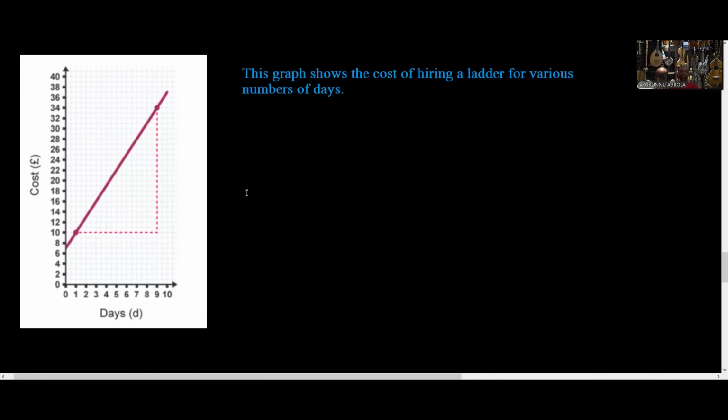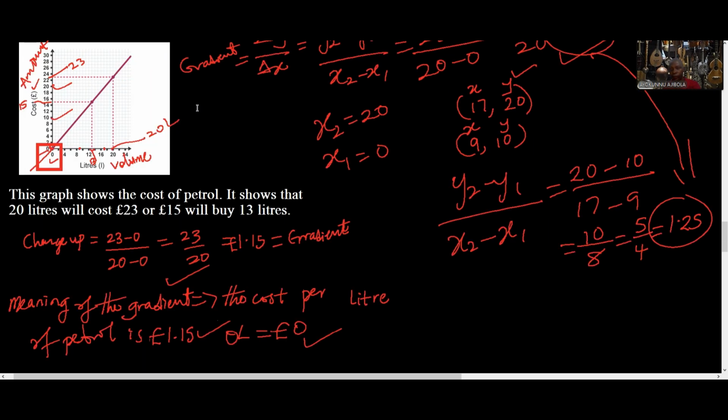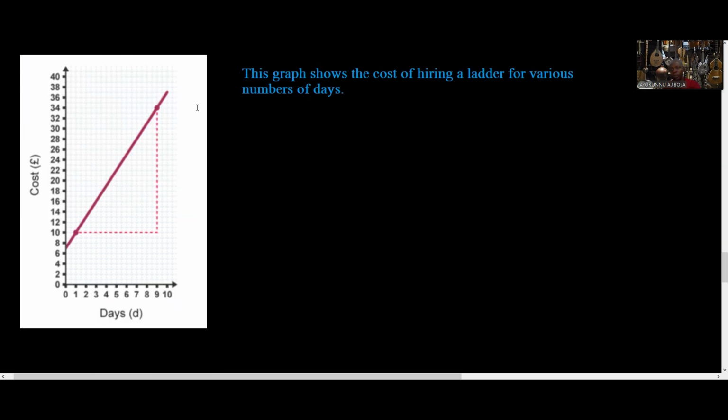So here's another graph, and this graph shows the cost of hiring a ladder for various numbers of days. Unlike the previous graph that passed through the origin, this one didn't pass through the origin.